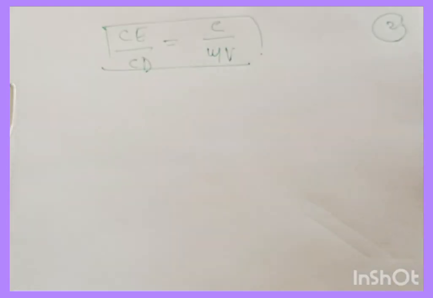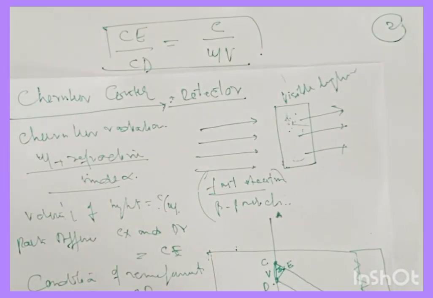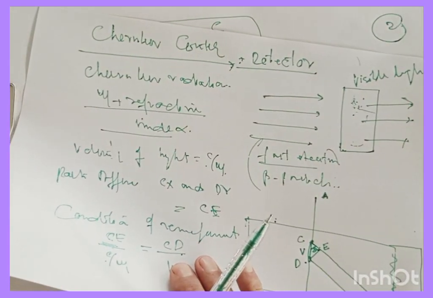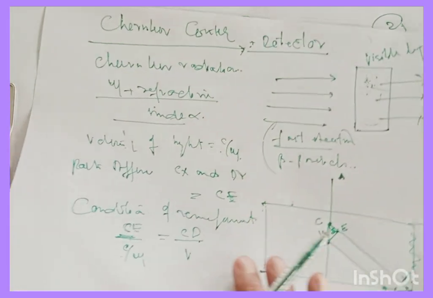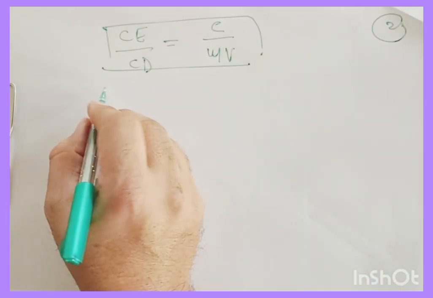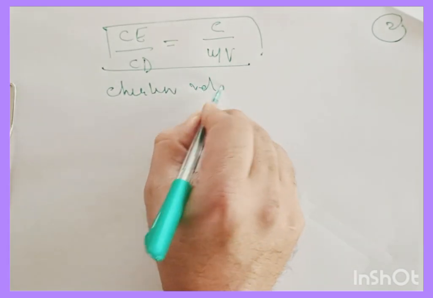The ratio between CE by CD will be C by mu V. That should be the clear case. Now this relation that we have is called the Cherenkov relation.